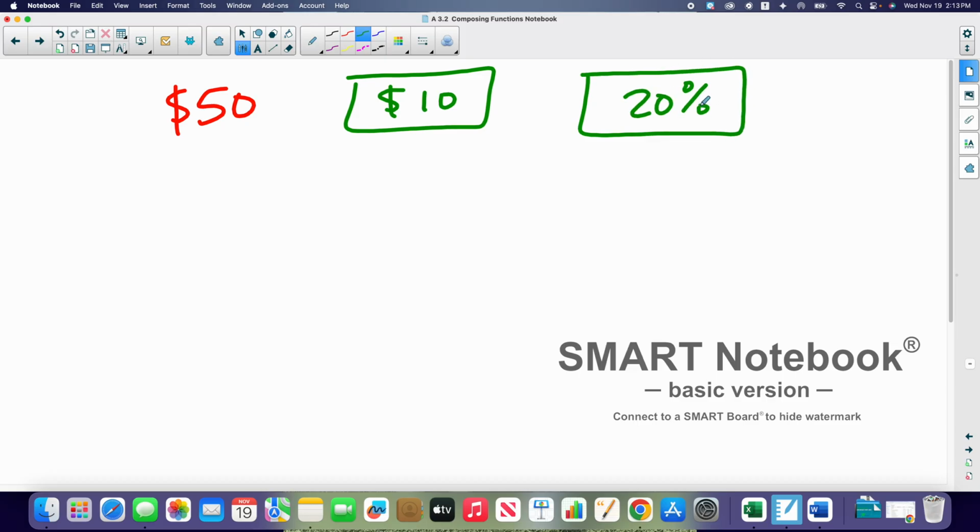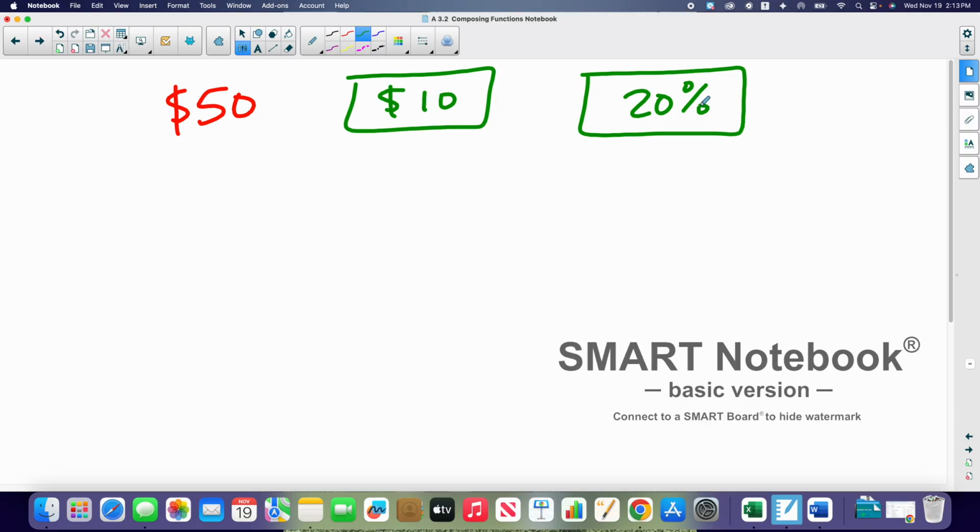The person behind the counter is not very bright, and so my wife wants to make sure that we get as much money off as we can. So she's going to hand the coupons in a certain order so that they get applied in a certain way. Which one does she want to hand first? Does she want to give the $10 off and then give the 20%? Or give the 20% and then the $10 off?